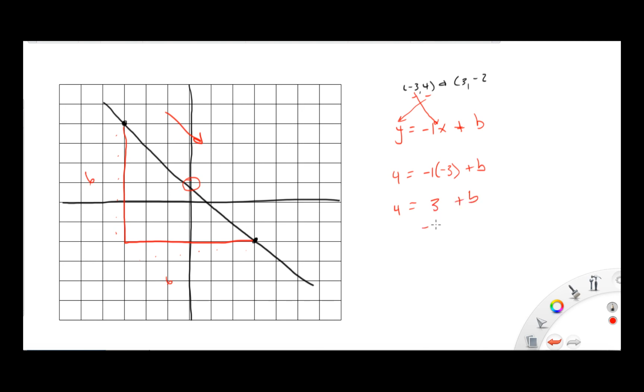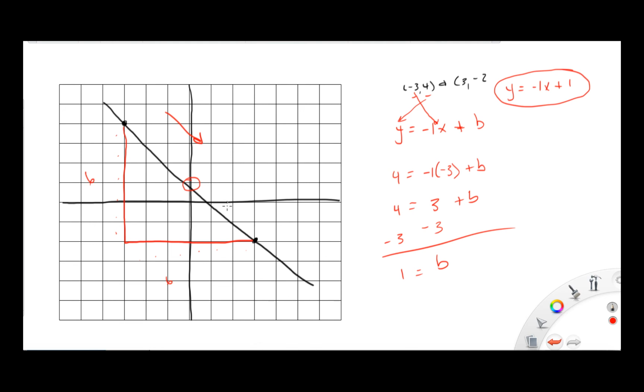We can subtract 3, we can subtract 3, so 1 equals b. So we can say y equals negative 1x plus 1. We just found the equation of our line.